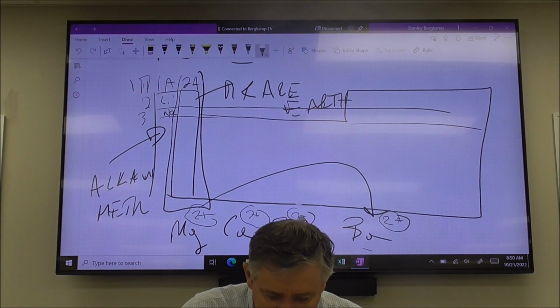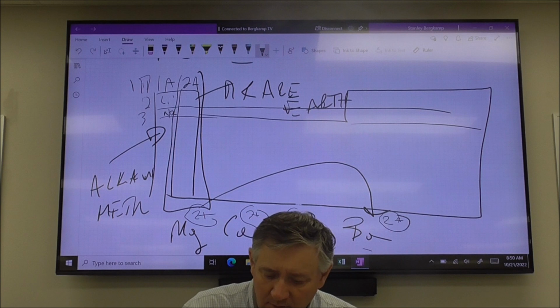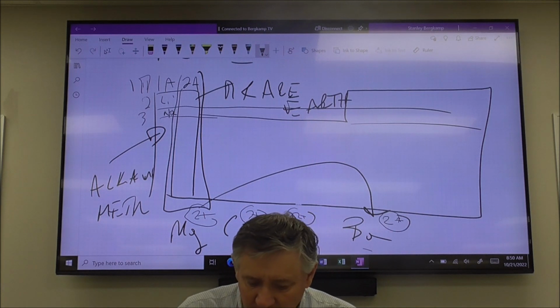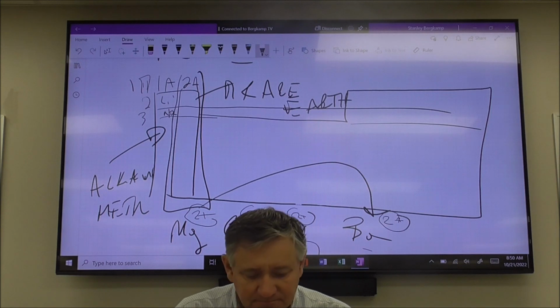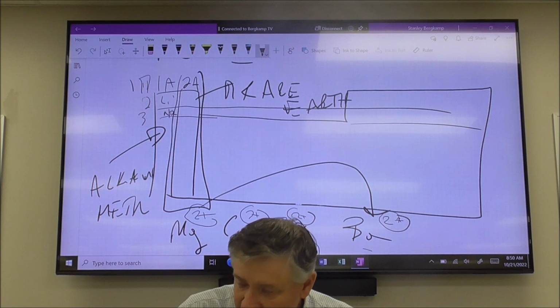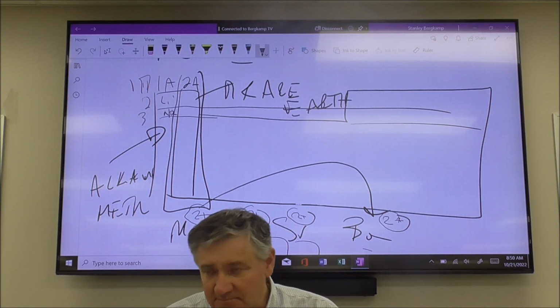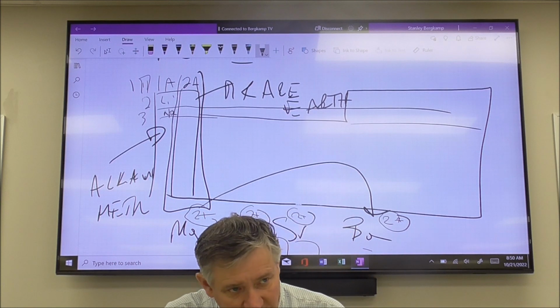So if you look at this, you've got calcium, magnesium, potassium, sodium. Of those elements listed, you'll notice that potassium has the lowest first ionization energy. What that means is potassium has the weakest attraction for its electrons.